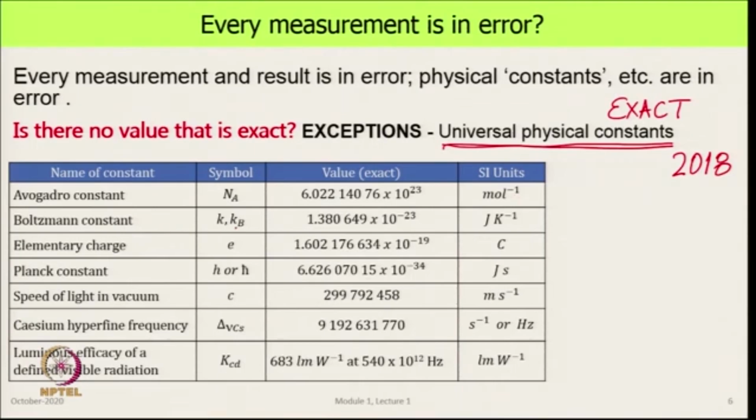Then there is the Boltzmann constant, K or Kb, elementary charge e in coulombs, Planck constant h, its value is here and units joule seconds, speed of light in vacuum, this is the value, units, cesium hyperfine frequency, this is the value per second or hertz, and luminous efficacy of a defined visible radiation, Kcd, 683 lumens per watt at 540 into 10 to the power 12 hertz, this is the units.